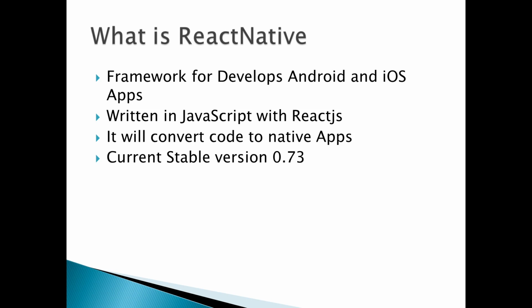Suppose you write code in React Native, it is a single code for Android as well as iOS. You should also know the current stable version of React Native, which is right now 0.73.